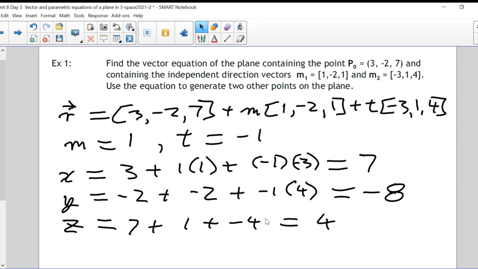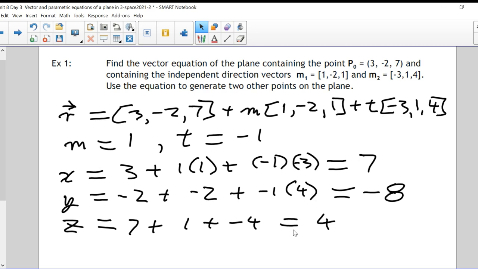Oh, hang on. For the y, so it's the 7 plus the 1, and then -1 times the 4 should give me -4. So what's wrong with that? Isn't it 1, not 4 for y? Let's see now. So it's 7 plus 1, and then -1 is the t value. So -1 times 4 is -4.